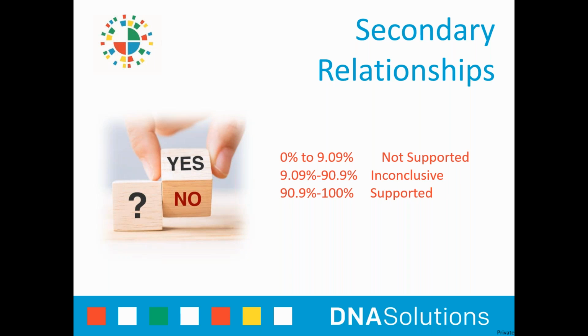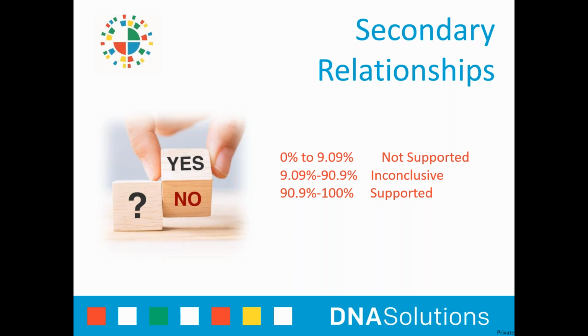So if the likelihood of relationship is 0 to 9.09%, it's not supported. If it's between 9.09% and 90.9%, it's inconclusive. And if it's between 90.9 and 100%, it's supported. The numbers look a bit weird. That's because they actually correspond to particular CRIs.